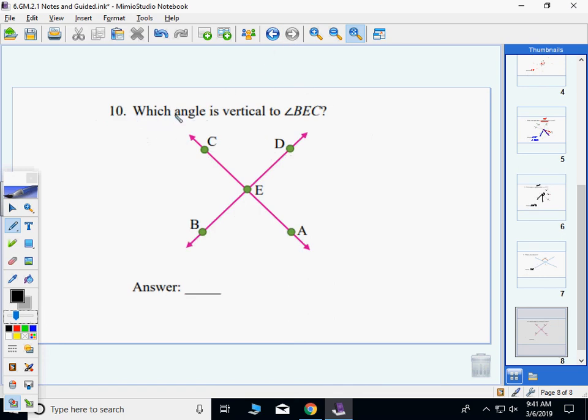All right, number 10, which angle is vertical to angle BEC? So I'm looking at BEC, this one here. Which one is vertical? DEA. Very good, DEA, straight across from it. DEA or AED.